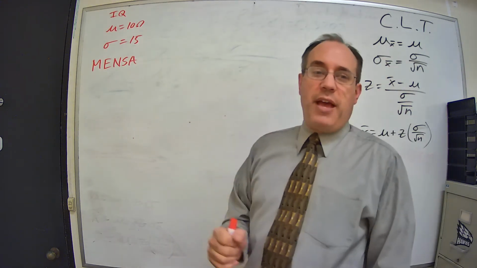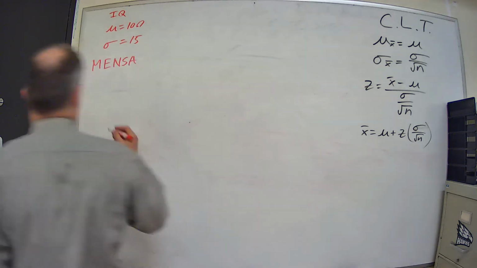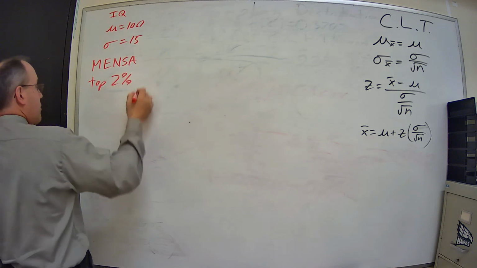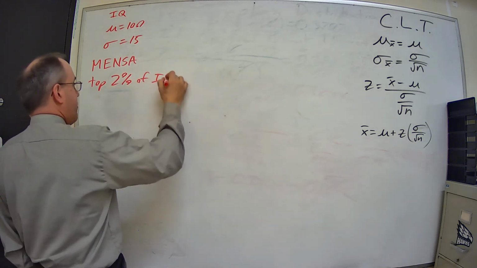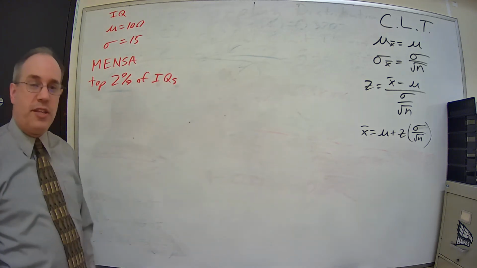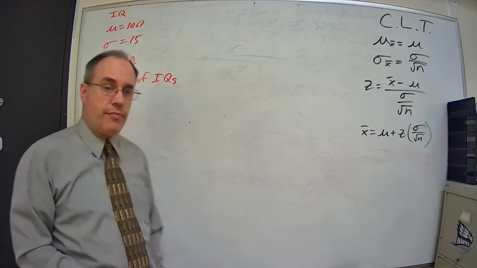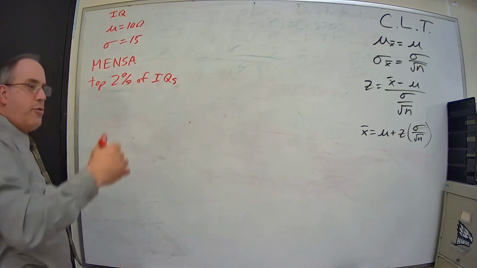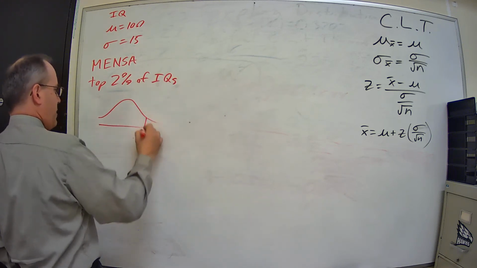To get into Mensa, you need to be in the top 2% of IQs. So if you're in the top 2%, that puts you on which side? That's here, right?